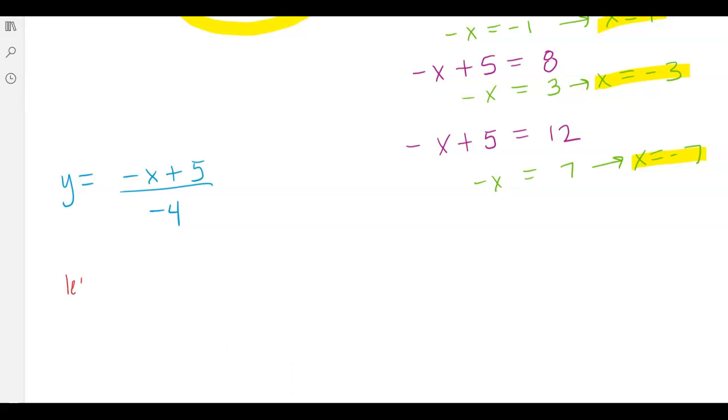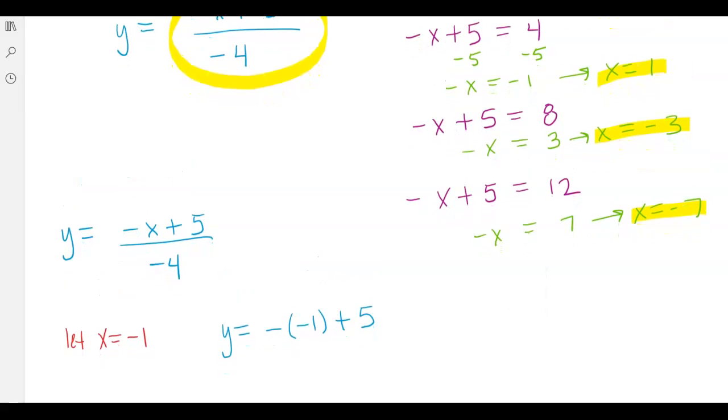Let's let x equal 1. So we get y equals -1 plus 5. Oh, sorry, I think that was a positive 1. Sorry, my bad. We're letting this be +1, right?